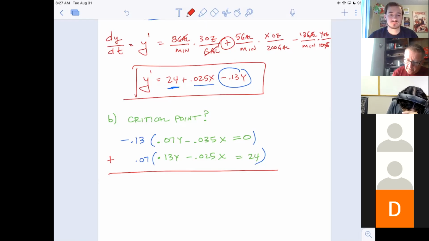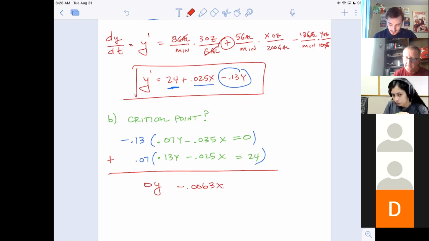So this is a little dangerous because I'm doing this kind of all at once, but I got negative 0.0063x. I got 0y. That was the whole reason I did this. Actually, that's not true. I see that I typed something wrong.